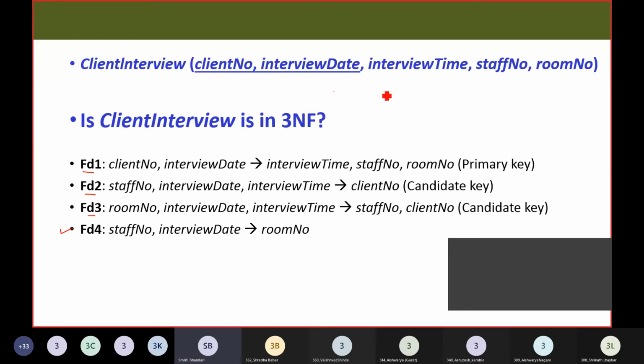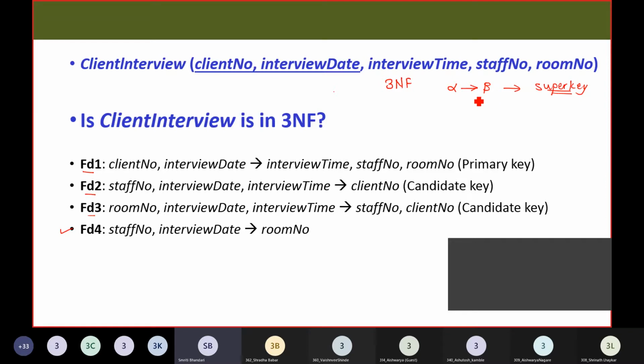Right? One more important point you may consider while discussing 3NF: if we are talking about a functional dependency of the form alpha to beta, and if alpha is my candidate key or super key, and all the dependencies have the determinant as a super key, then we need not consider those dependencies.